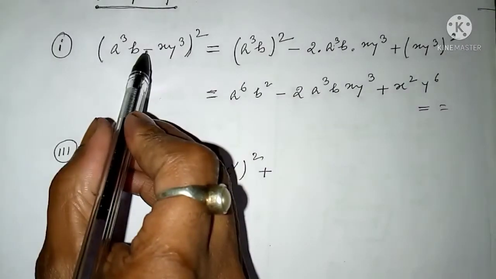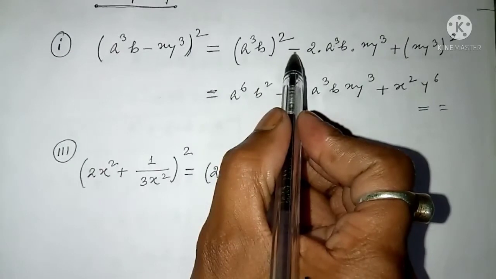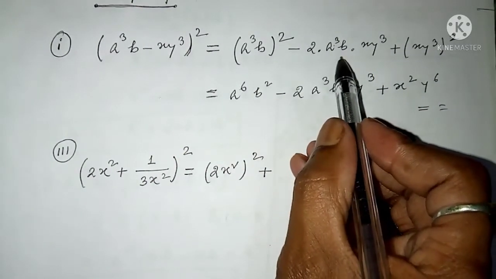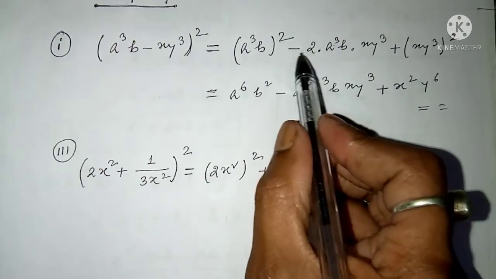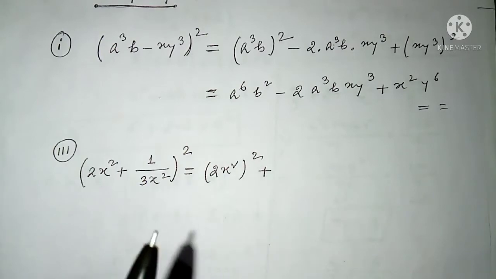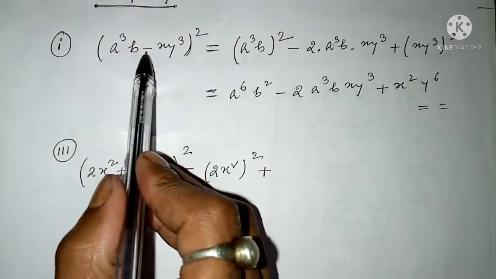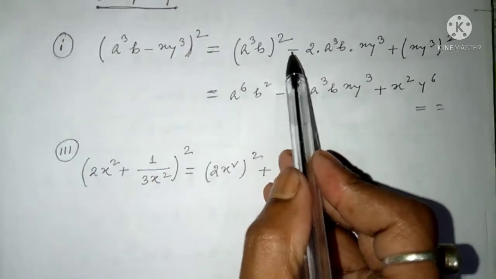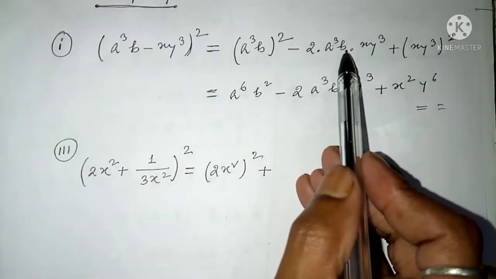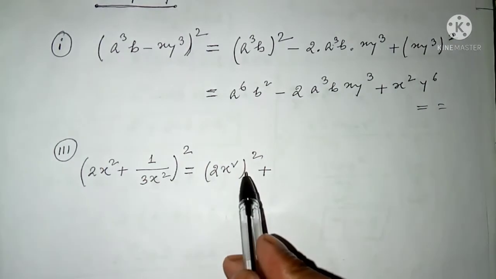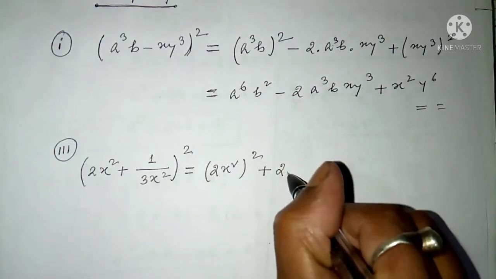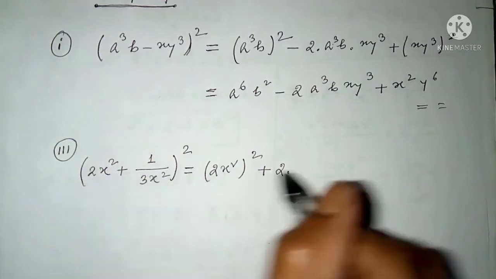See, when you have a minus here, you just place minus here. When you have a plus here, before doubling the first term and second term, there is a small change only. When you have a minus here, you write minus before 2 times the product of your 2 terms. So here we will repeat the same thing: square of first term, then 2 times the product of first term and second term.